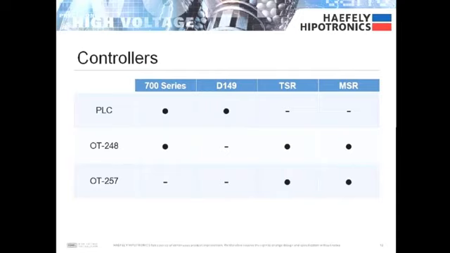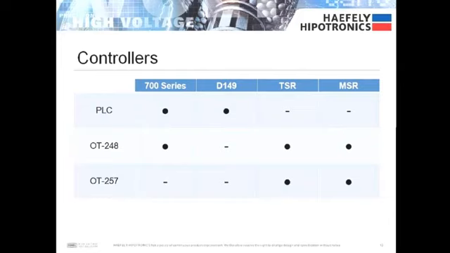These are the different controllers that we use for the systems I just spoke about a couple of slides before. The PLC control is used for the 700 series and D149. These are two different controllers, but they are both PLC based. For the TSR and MSR, the larger systems, the OT248 is used. This is a Windows-based controller.